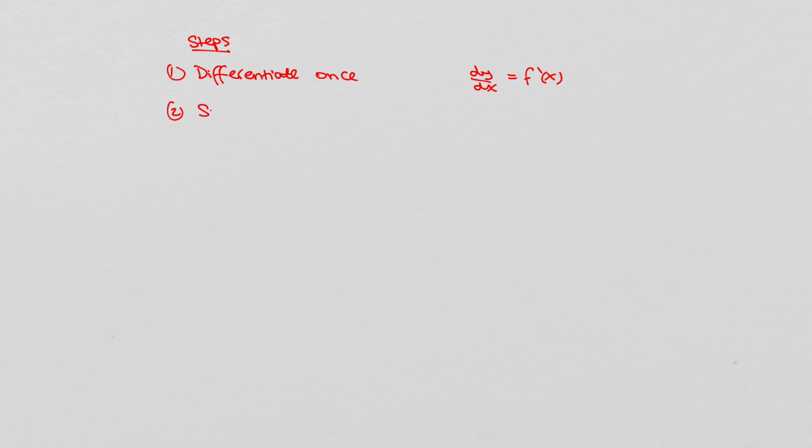We will simplify before we move on, and then we will differentiate again. When writing our answer down, if it's in terms of y to begin with, then it's d2y dx squared. And if it was in terms of f of x to begin with, it's f dash dash x.